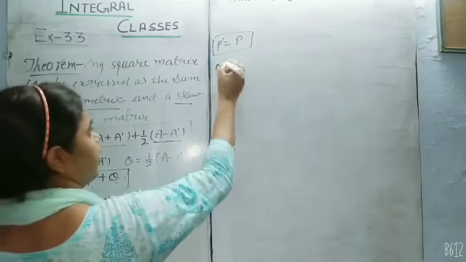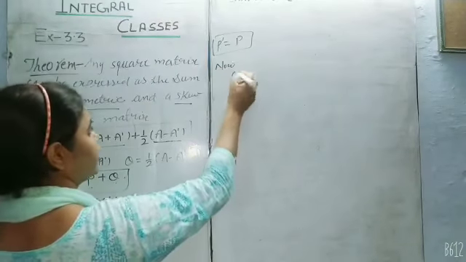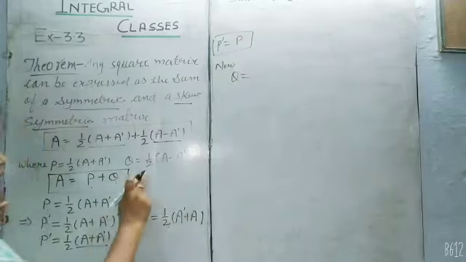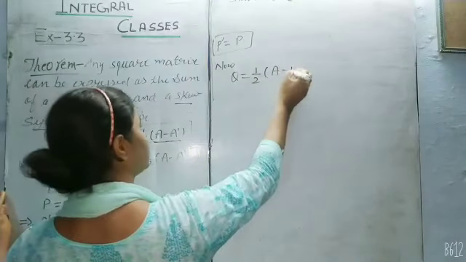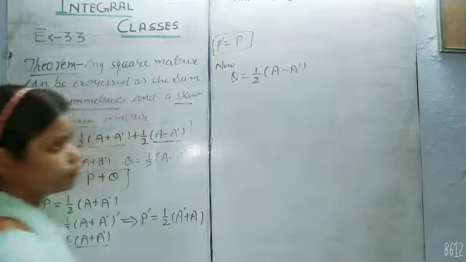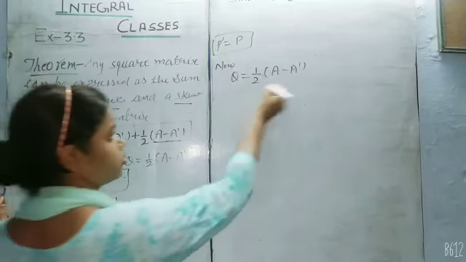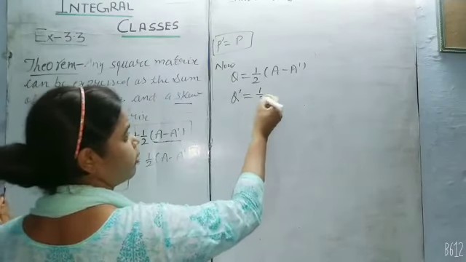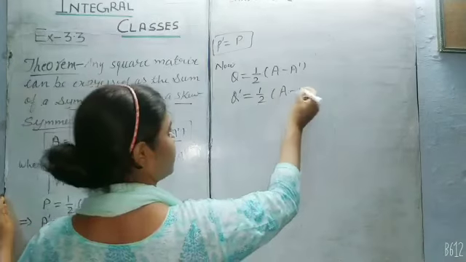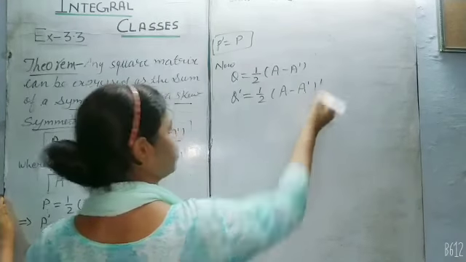Now again we let Q be 1 by 2 (A minus A transpose). Now taking the transpose of both sides, it becomes Q transpose equals 1 by 2 (A minus A transpose) transpose.